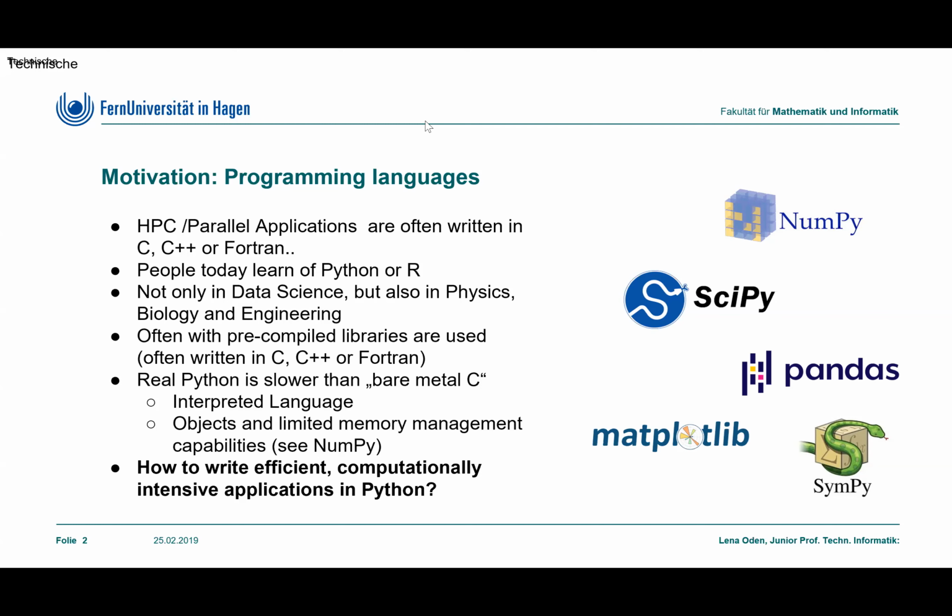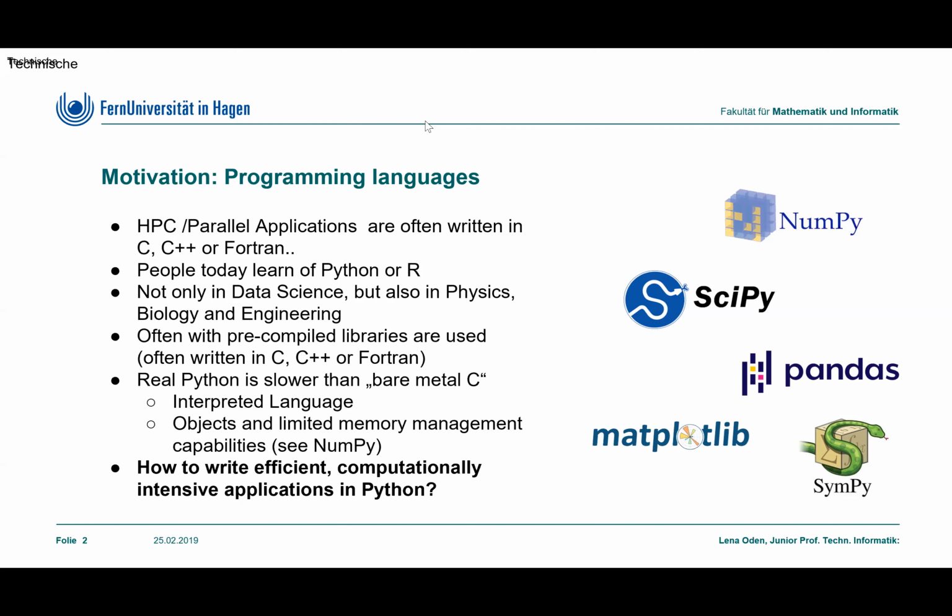So I started to look at other ways. And I have to say, not only in data science, of course, where it's very popular, but also in physics, biology and engineering, a lot of people today use Python. The reason is that Python uses a lot of precompiled libraries, which are basically written in C++, like SciPy or NumPy, which are very easy to use for these people.